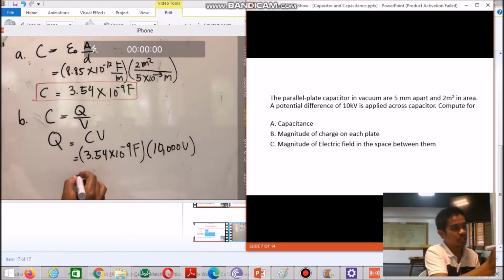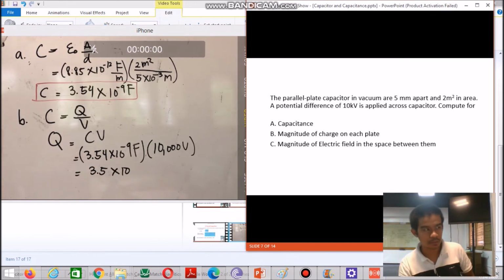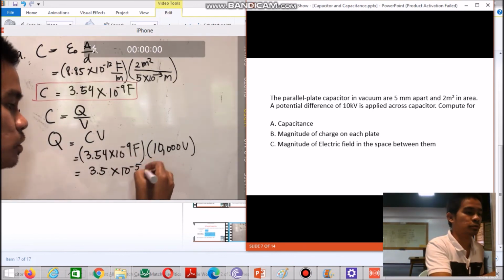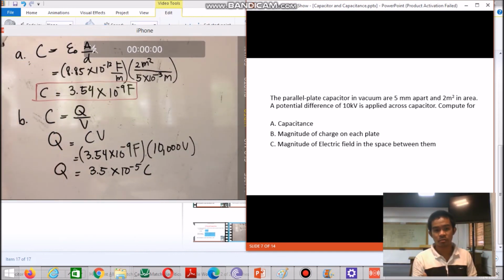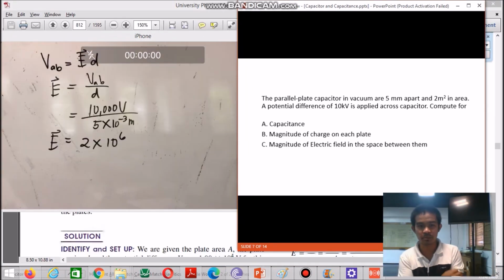So 10,000 volts, and that is approximately 3.5 times 10 to the power of negative 9 plus 4, which is negative 5 coulomb. Okay, so that is the magnitude of the charge. So the first plate has negative 3.5 times 10 to negative 5. The other plate is positive 3.5 times 10 to negative 5 coulomb. For letter C, the magnitude of the electric field in the space between them.